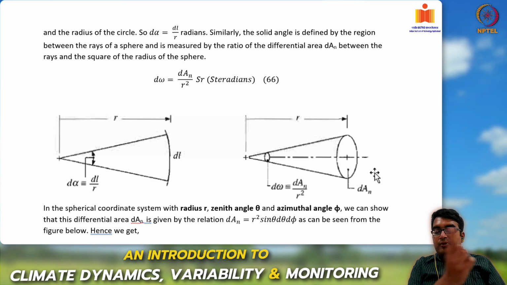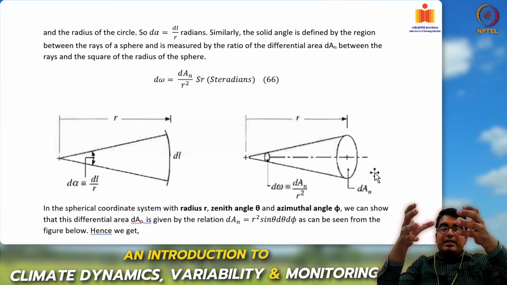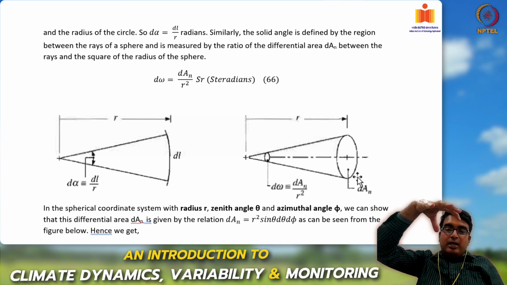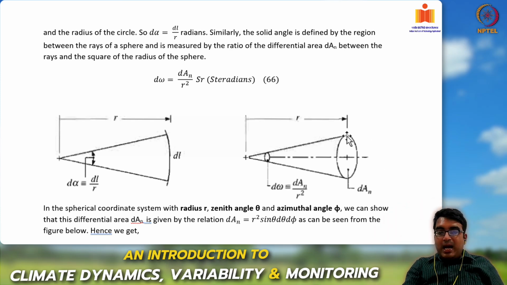So we have a ray that is subtending a conical region which is separating out a part of the spherical surface from the other parts. This cone subtends a circle on the surface of the sphere, and the differential spherical area within this circular cone at the surface of the sphere has a differential area dAn.